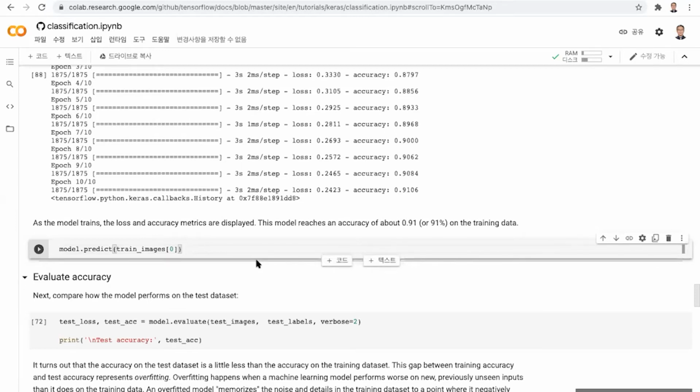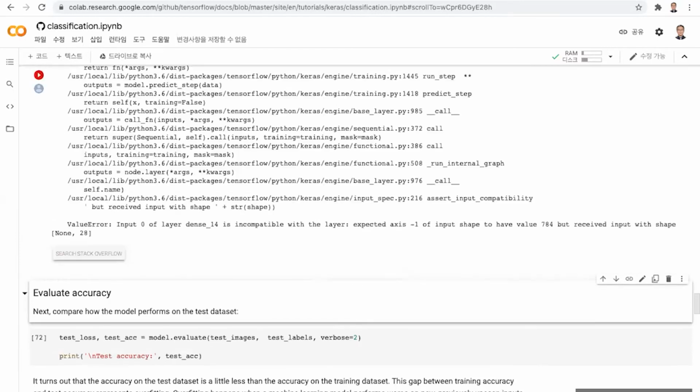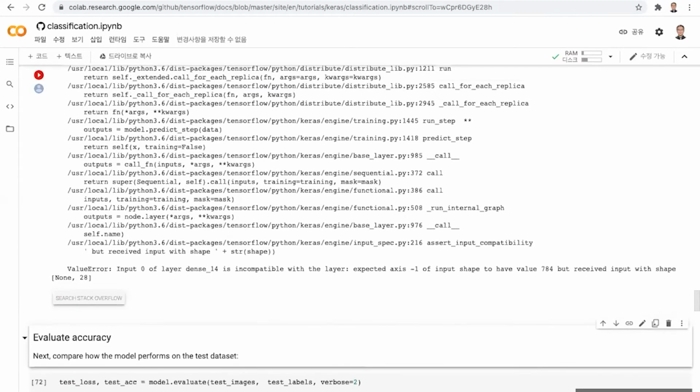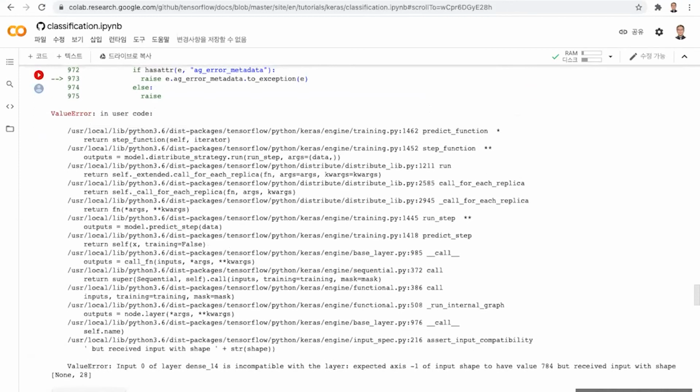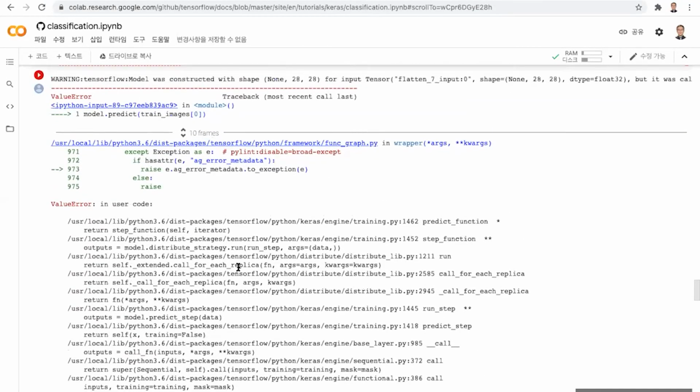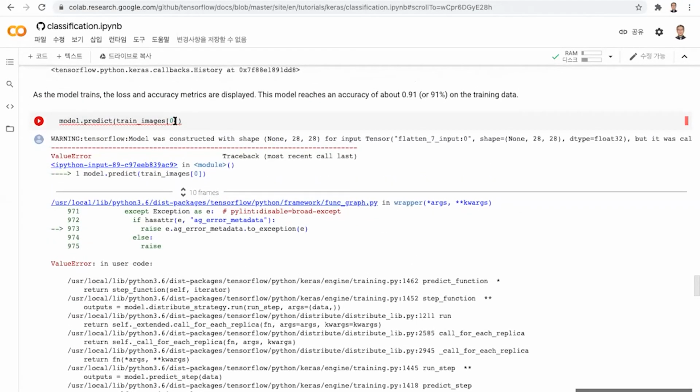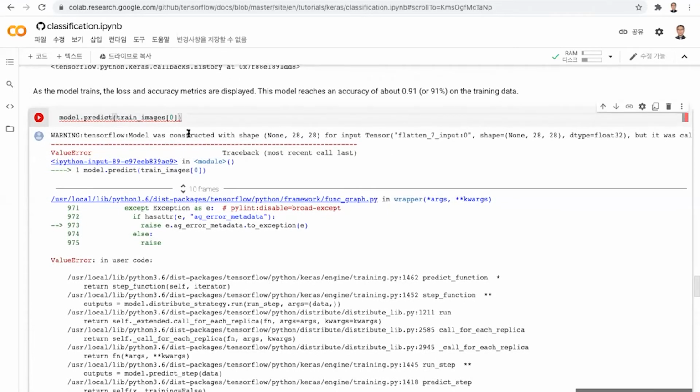When you try to predict, it gives you an error. When you have this kind of error, it seems like something is totally wrong, but actually it's not that bad, because usually this kind of error is due to a mismatch between your model's input data and your prediction's input data.